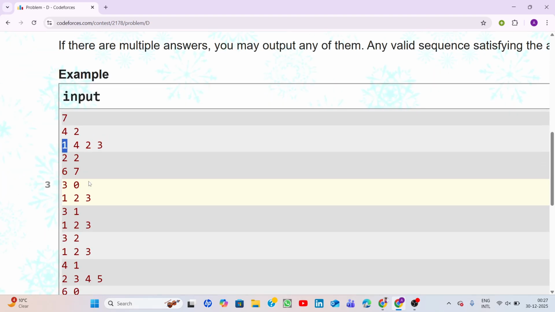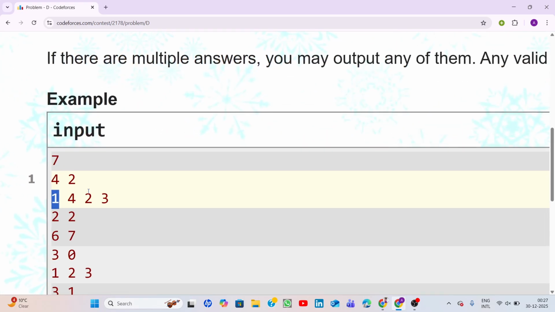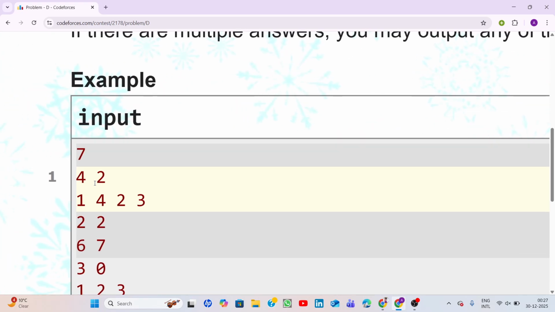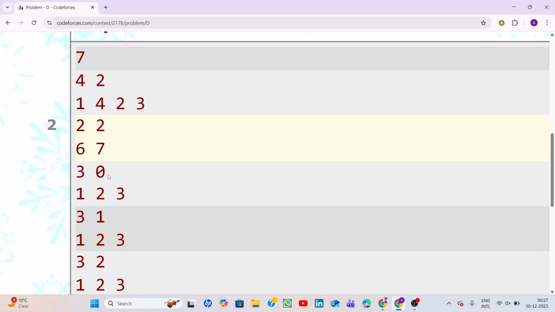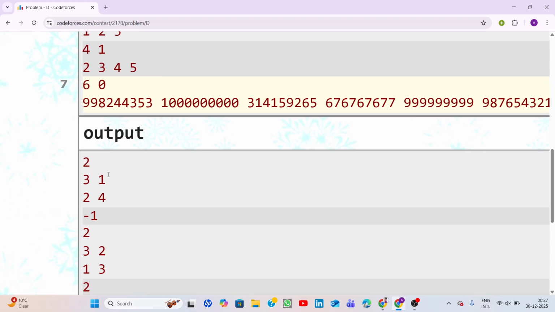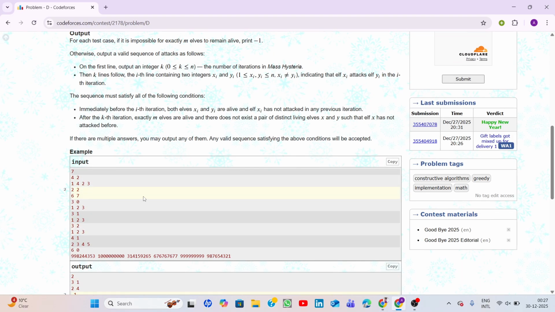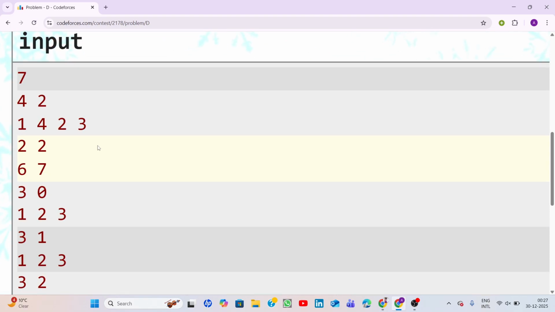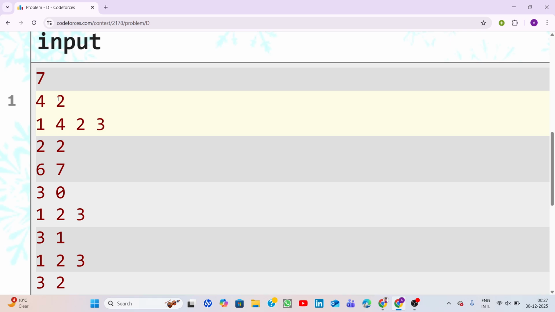After that we have to make sure that whatever number of elves is present, that same number of elves should be alive at the end of the process. First of all, we can sort our elements with indices, because indices matter here.